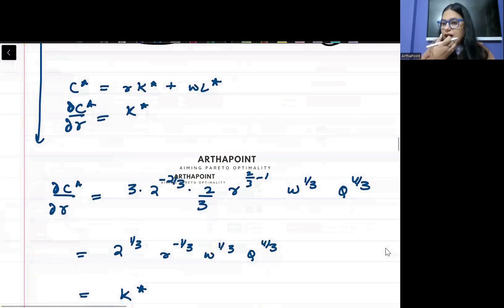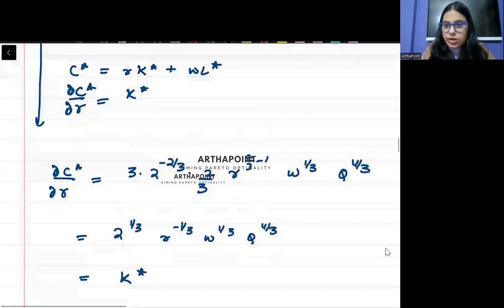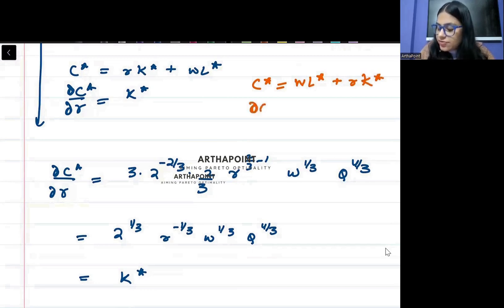Okay. Now there is one more thing I want to highlight. Just think about it, the cost that we have found out is W L star plus R K star. यही तो optimal cost थी. So when I am differentiating this cost with respect to R, asking how cost will change when R will change, I am getting K star.